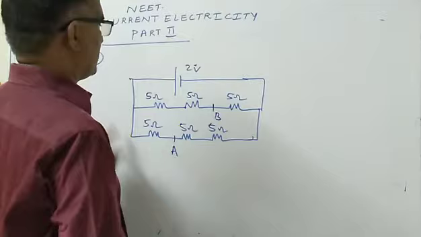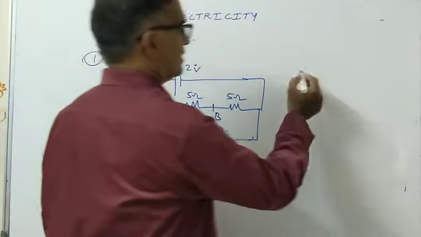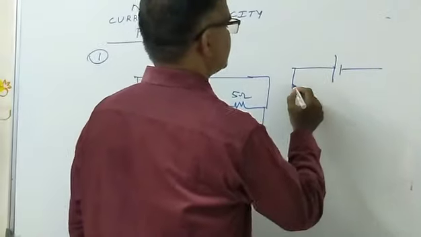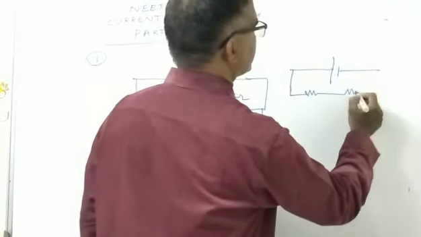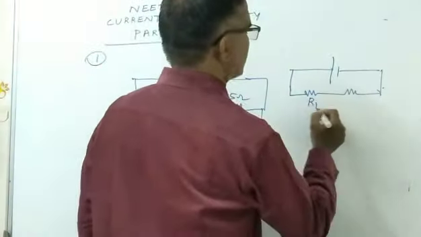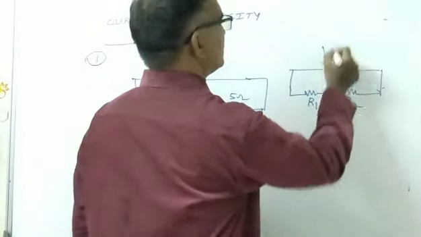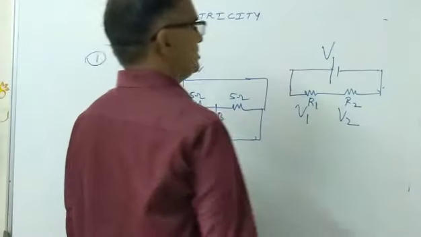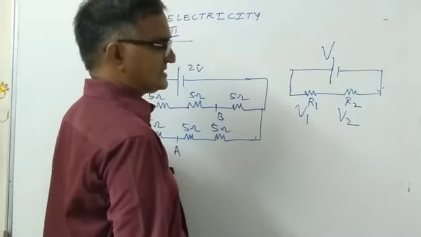Now there is one shortcut formula for these problems. Here I'll do the shortcut. In this case the shortcut will be like this. Suppose R1, R2 are the resistances, V is the net voltage, V1, V2 are the potential differences across the resistors.